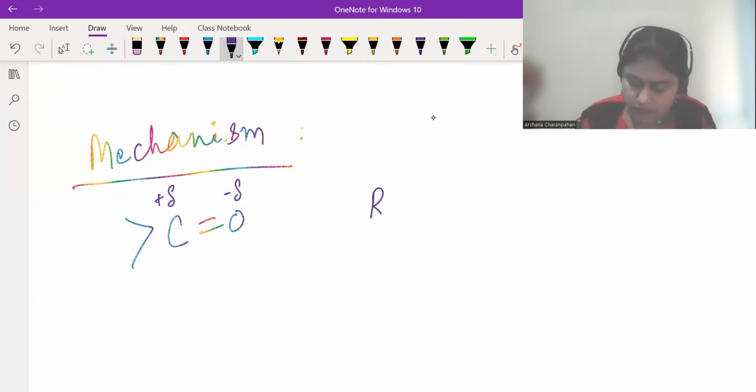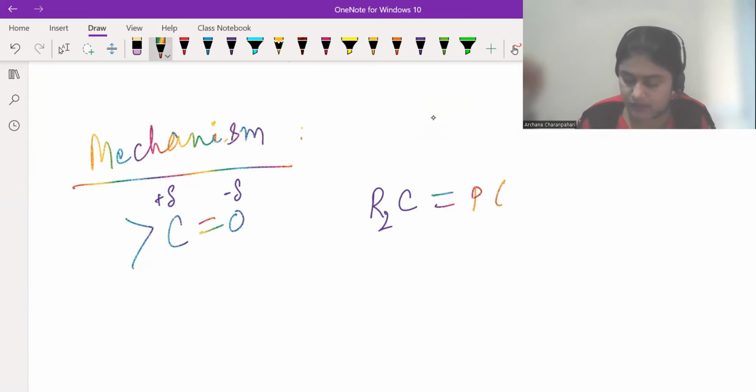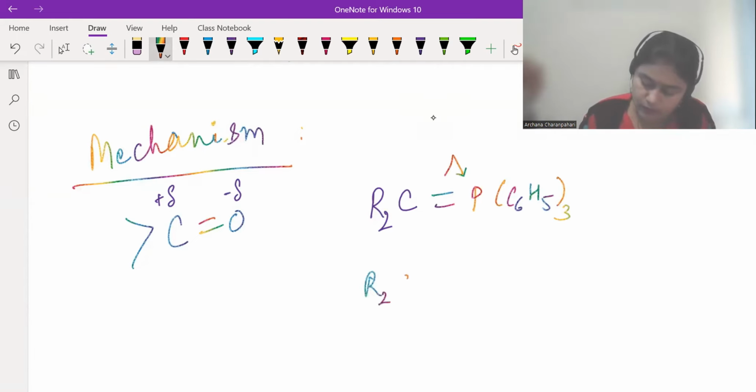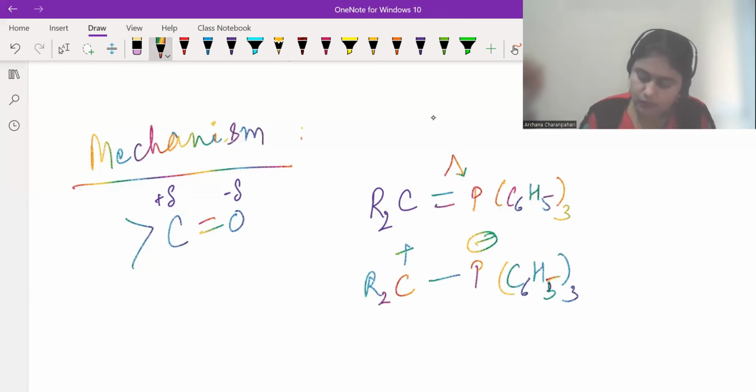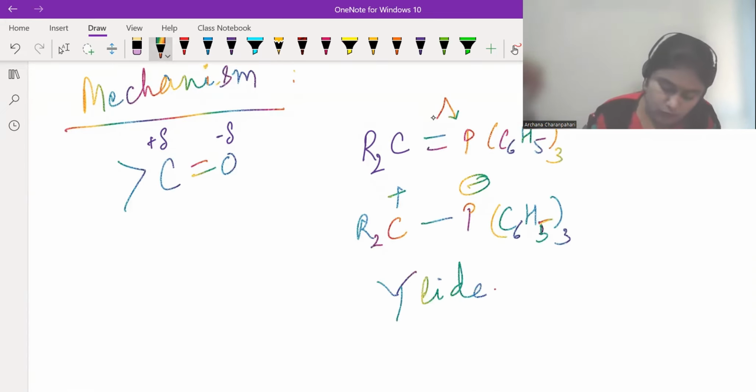Now, the second compound is R, see, instead of H, I have put here R. Two alkyl groups are attached to carbon and double bond P, C6H5 twice. Now this bond can open and we can get this kind of compound carrying positive and negative charge.